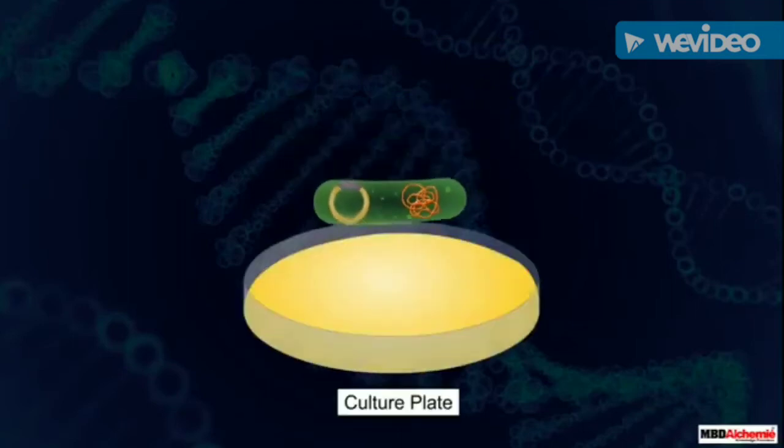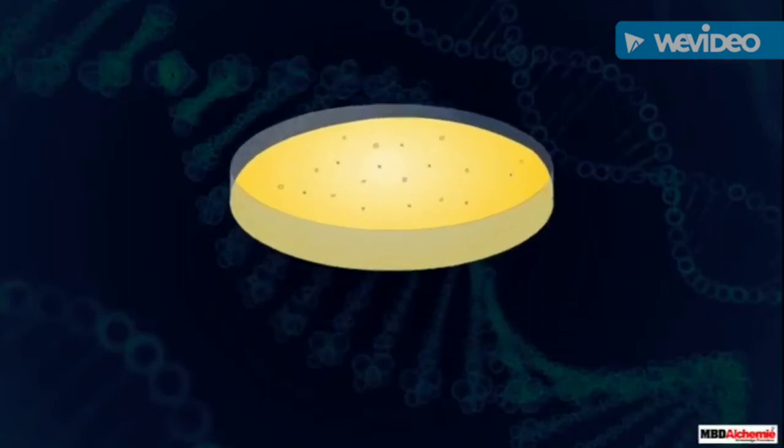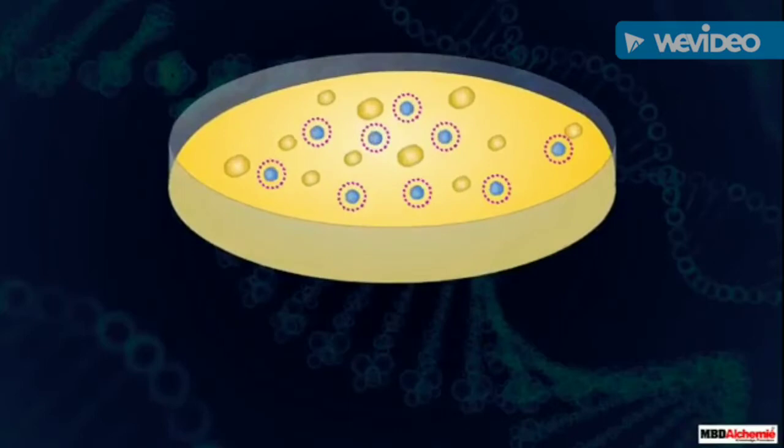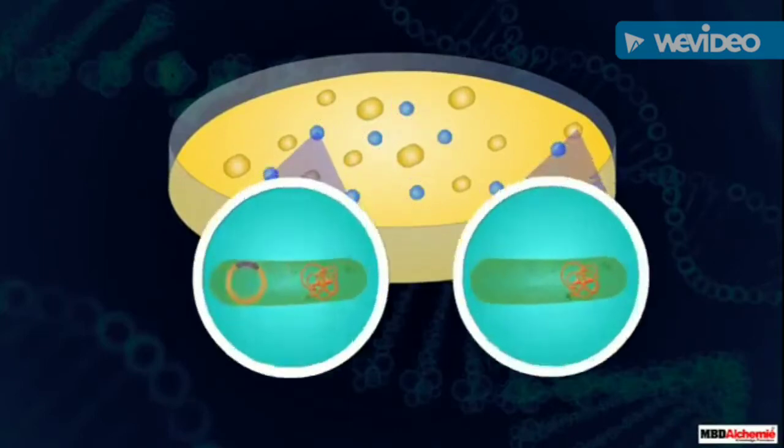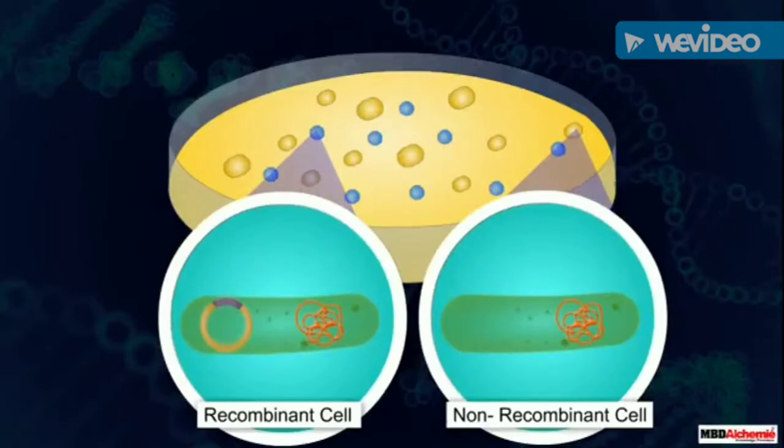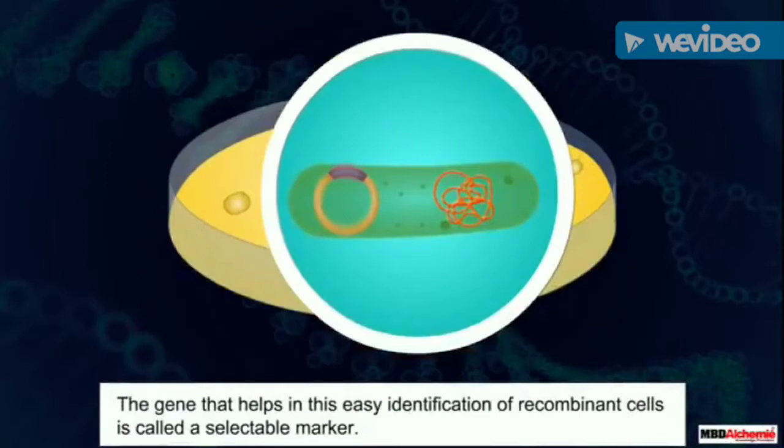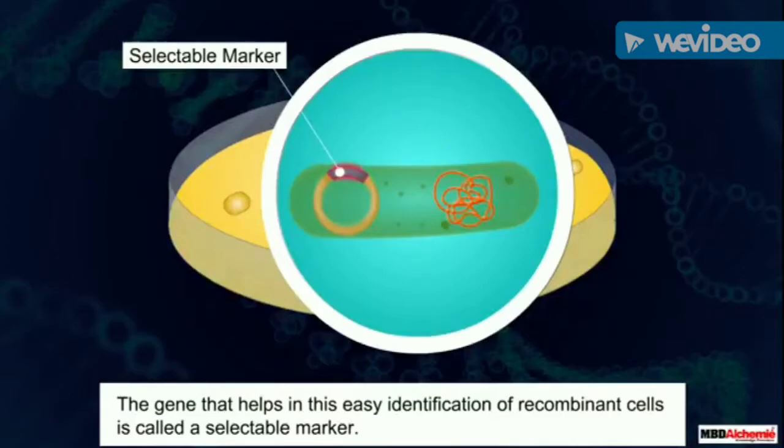When they are transferred to a culture plate that contains ampicillin, only the E. coli cells that are resistant to ampicillin will grow. We can easily use this method to identify which cells are recombinant. The gene that helps in this easy identification of recombinant cells is called a selectable marker.